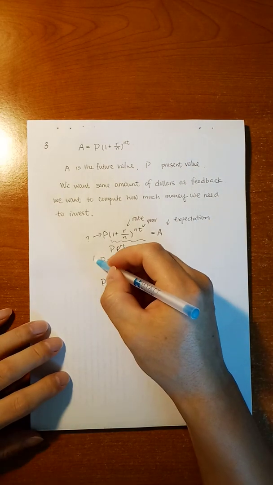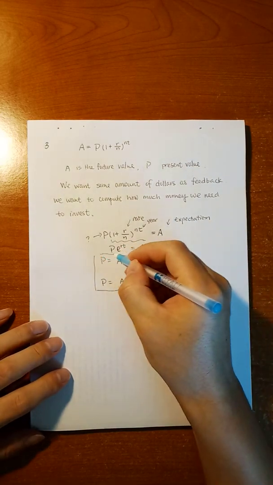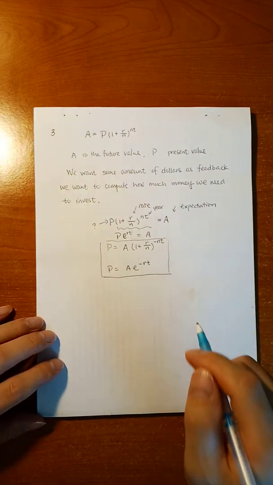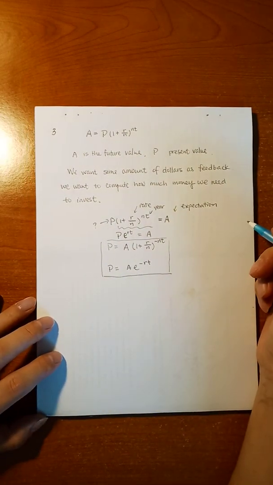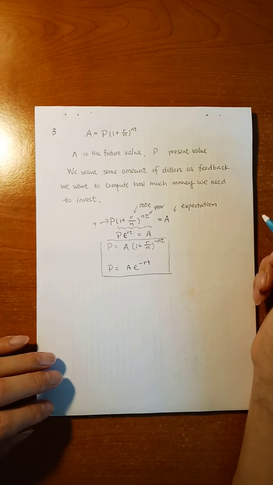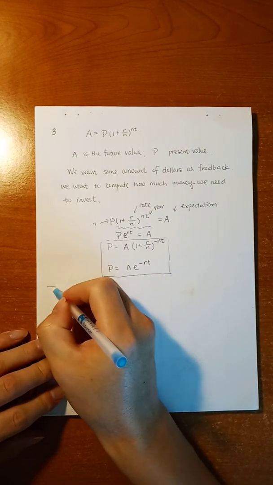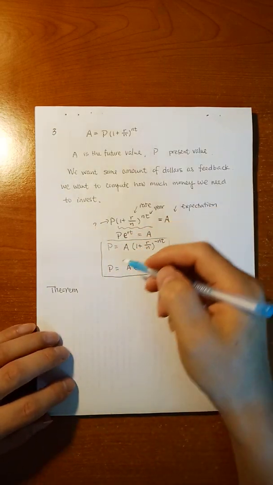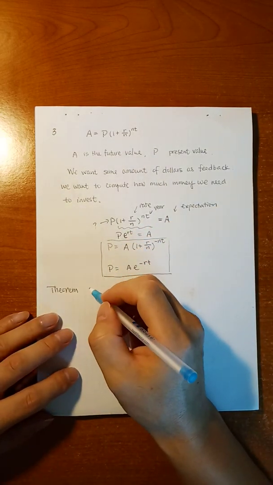Okay, so these two are the formulas for the present values if you already have some future value in your mind. Okay, so that's a theorem. Let's make the theorem clear, but basically it's the same thing. So the present value formula.